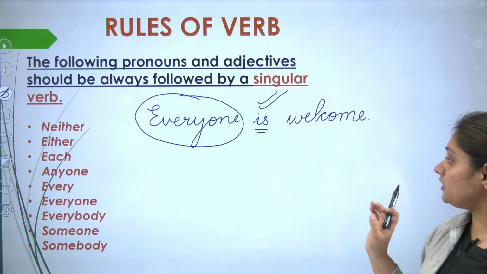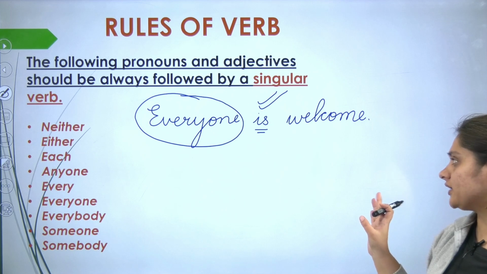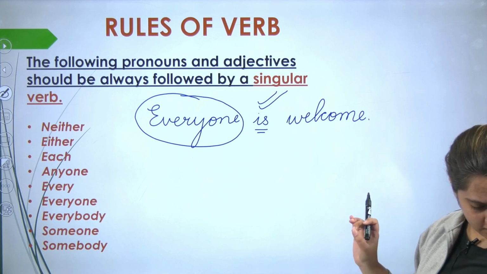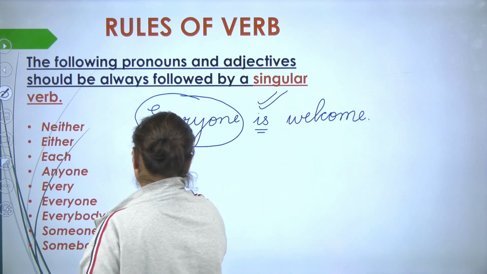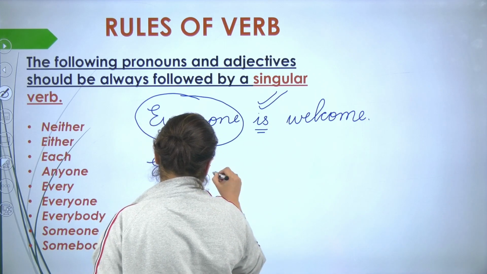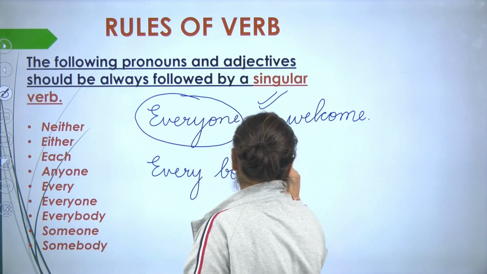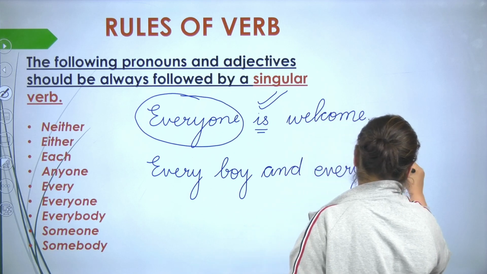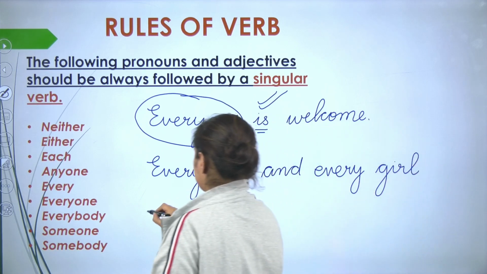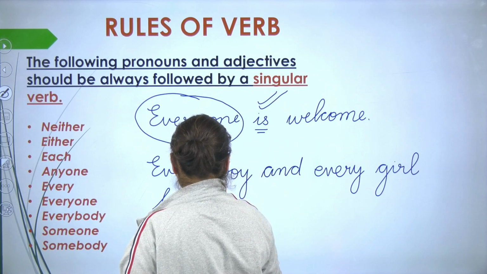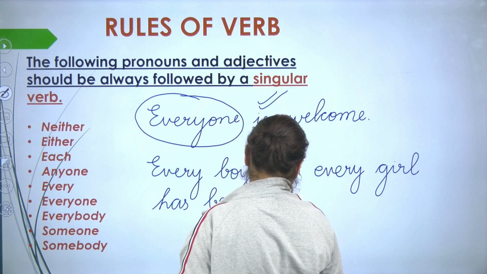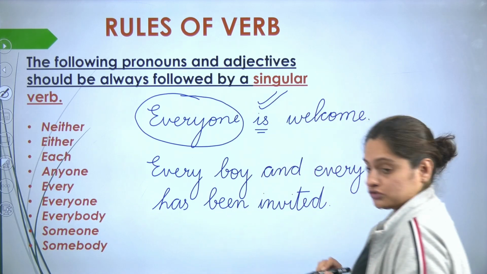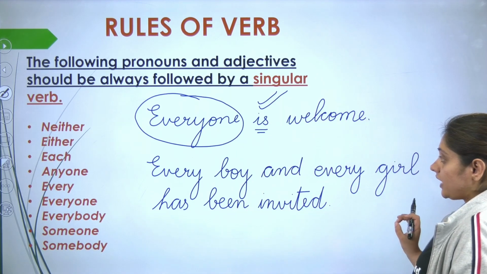Now, one important thing to note in this question, all these are singular: each, either, neither, somebody, someone, everybody. Okay, every boy and every girl has been invited. Now if you see here, क्या है यहाँ पे? Every लिखा है.